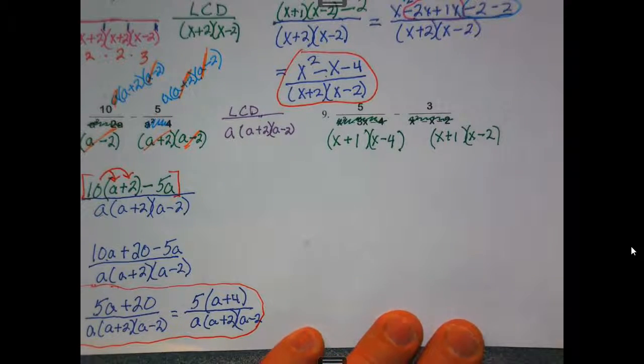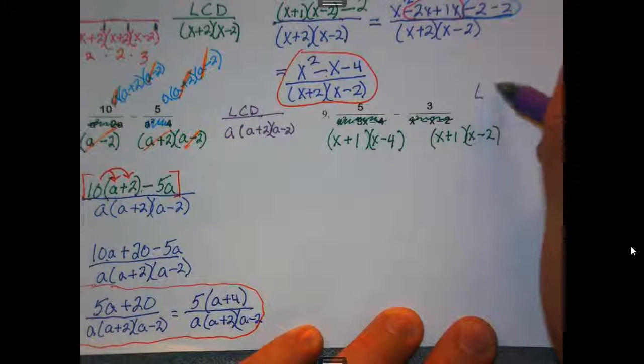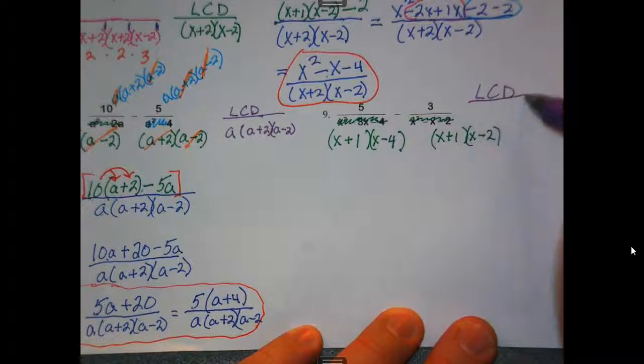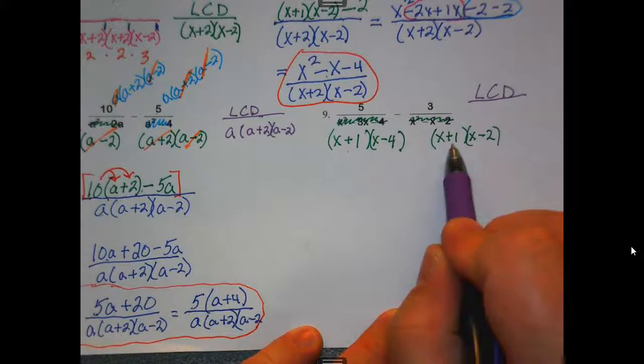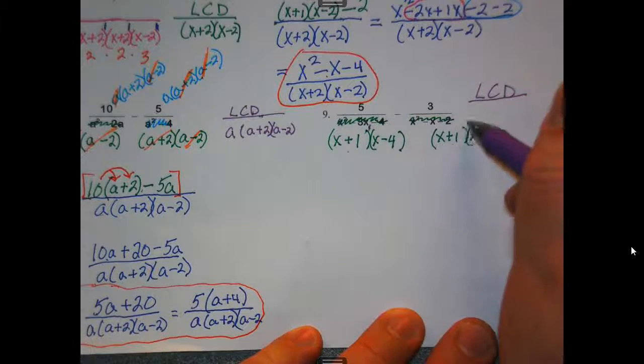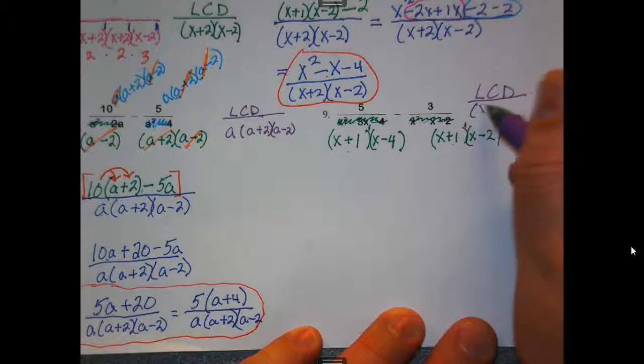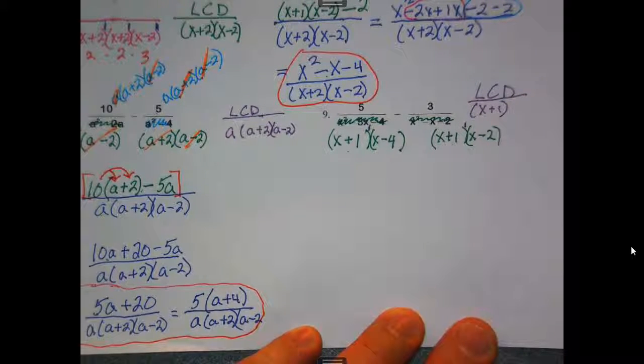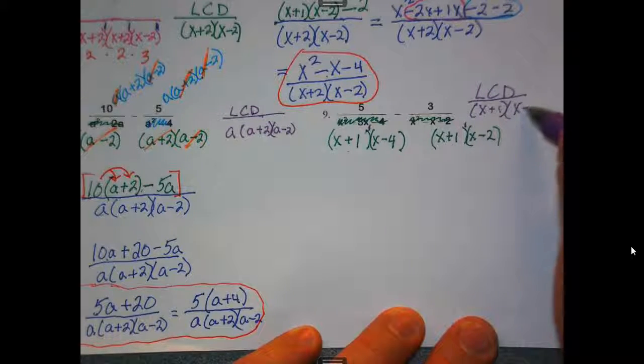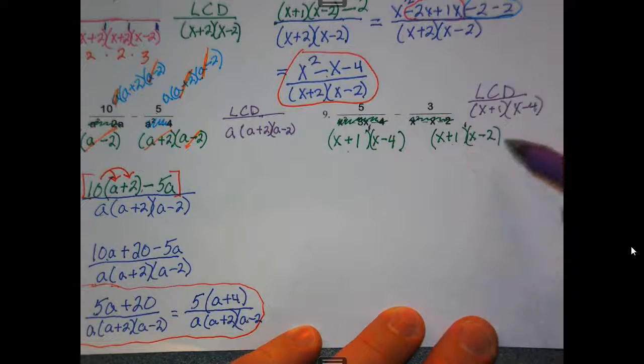Okay, what's my LCD here? I need 1 x plus 1, right? These to the first power. X plus 1. I need an x minus 4. And I need an x minus 2.